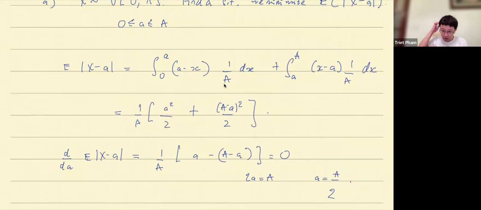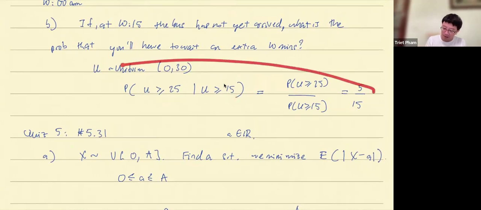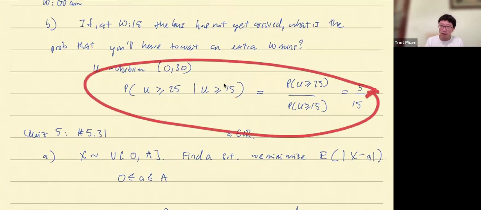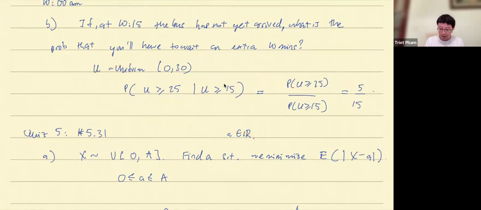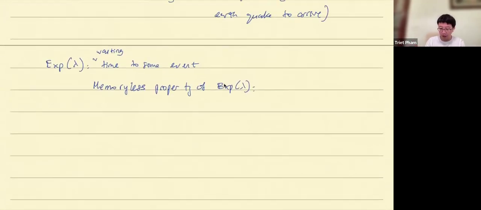Well, I'm not so sure in this sense that the uniform is memoryless. Weirdly, I feel like it might be, but it is of this calculation. So if you have waited some time, what's the probability that you will wait some extra amount of time, right? So that kind of calculation happens with the exponential as well.